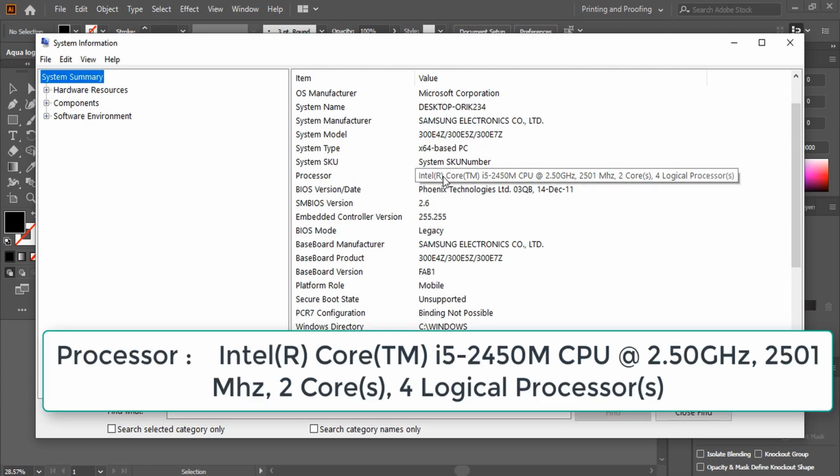The system processor, this is the important one, is Intel(R) Core(TM) i5. This is the i5 generation. When I bought this computer, the second generation of laptop processors had come out to the market, which was i5.